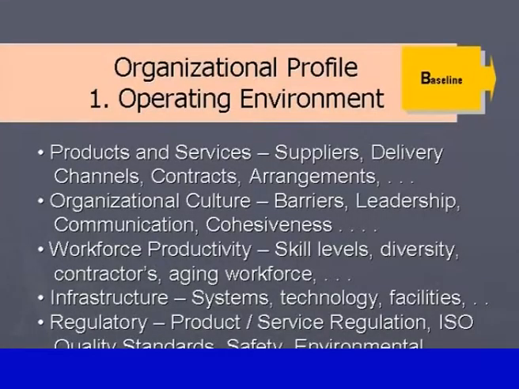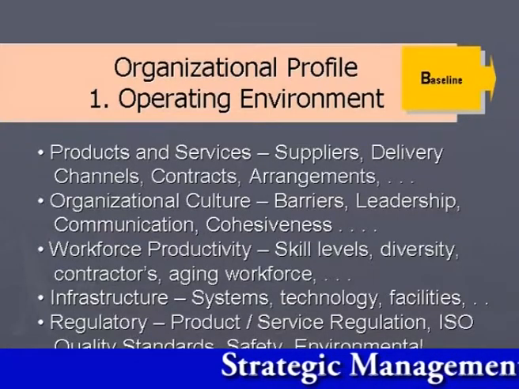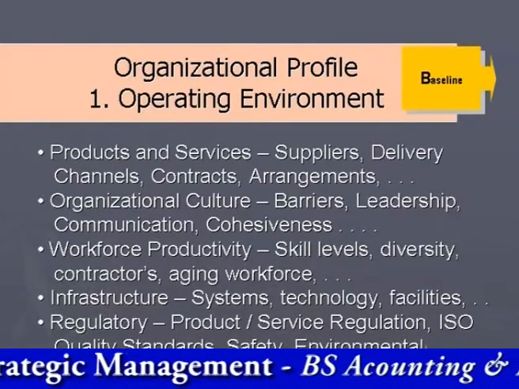Organizational structures have barriers, leadership qualities, communication, and cohesiveness. I will explain these things in detail as we move on, because this is just a brief snapshot of what we will be discussing in today's topic.